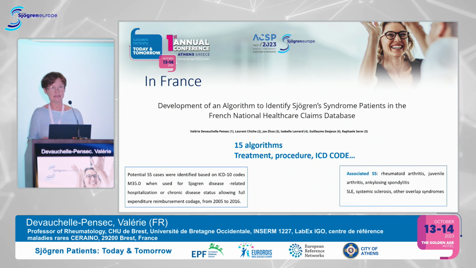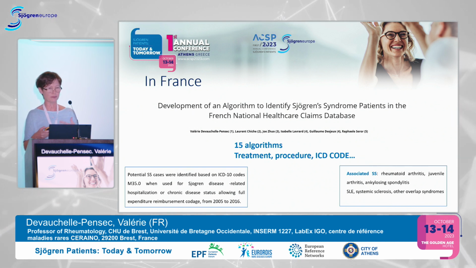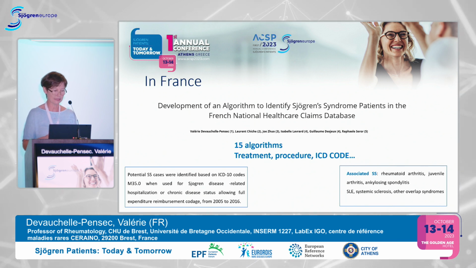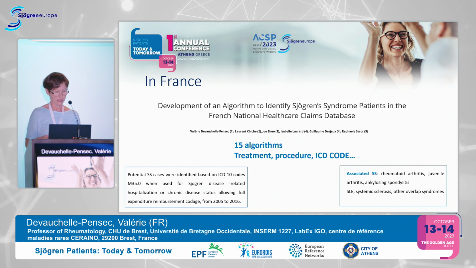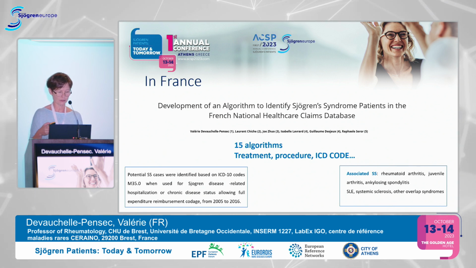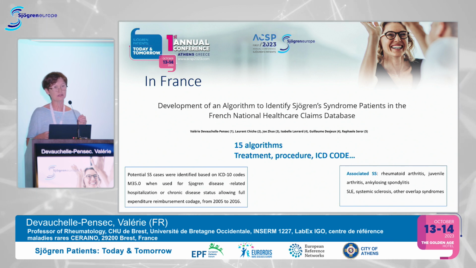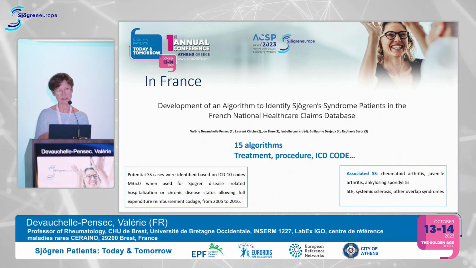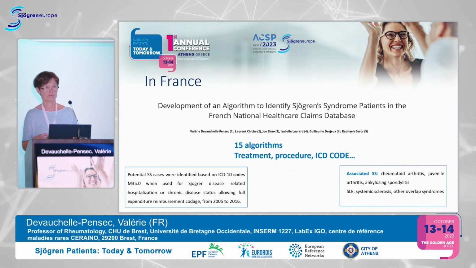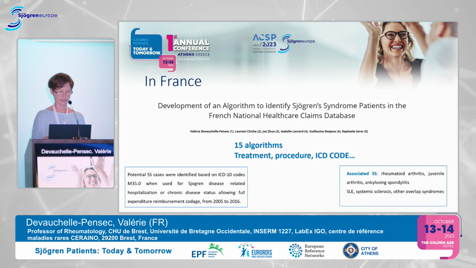So we are really interested in this in our center, and we published different data on that. We recently performed another study with Raphaël Serror and Laurent Schiss, with some colleagues in France. We looked at the French National Healthcare Database. It's 70 million people in this database.